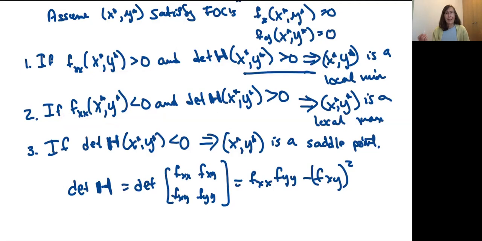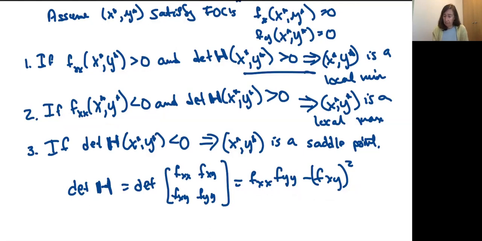And you might be thinking, that's weird, we have f xx in here and we don't have f yy. But if you look at the determinant formula, if this is going to be greater than 0 and we're subtracting off a squared thing, the only way this is going to be greater than 0 is if the two direct second partials have the same sign.